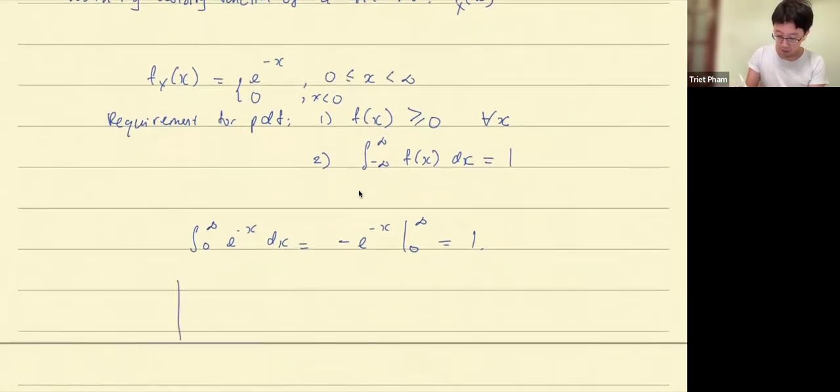So the picture of a typical density function will be whatever, but it's non-negative. And then the total area is 1. Any questions so far?